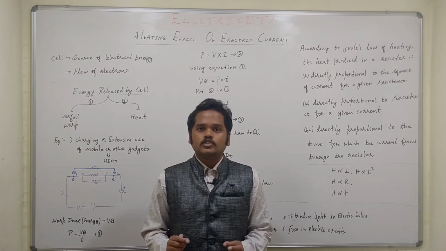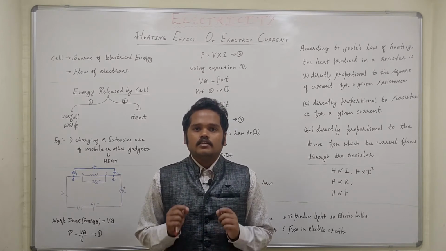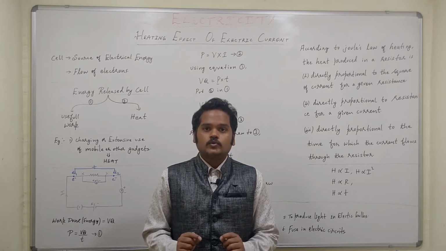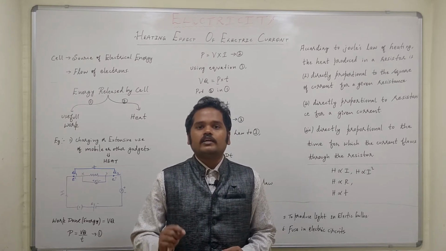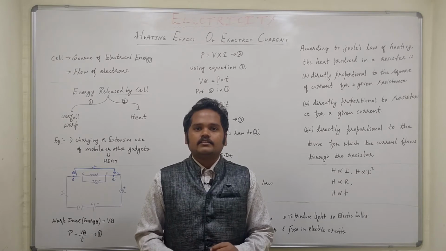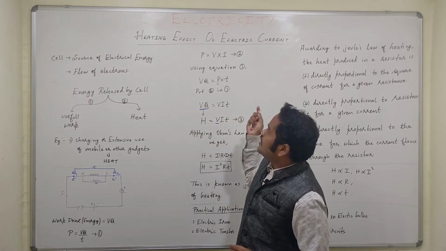What does this show? It states that the energy released by the source, the cell or the battery, has the ability to produce heat, to dissipate heat, which is called the heating effect of electric current.